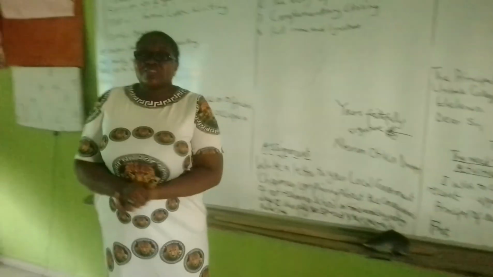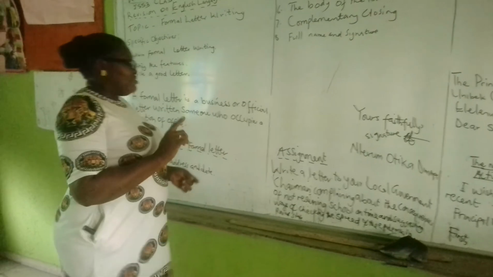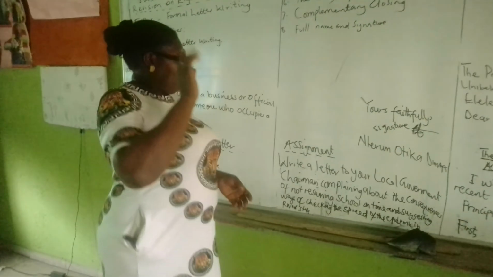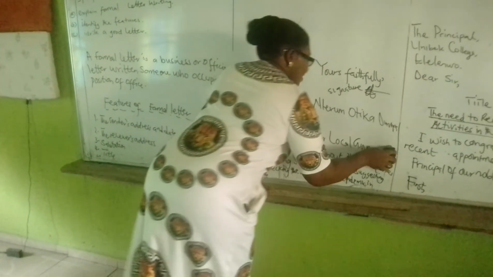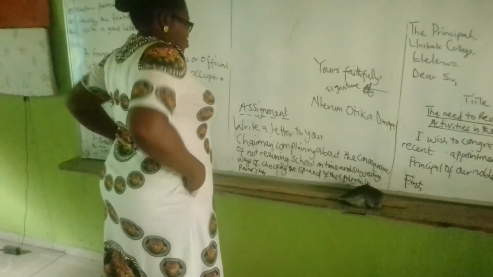Now, I think the person that should read this letter should be the Commissioner for Education, Rivers State. So let's change it. Write a letter to the Commissioner. It should be the right person to read.